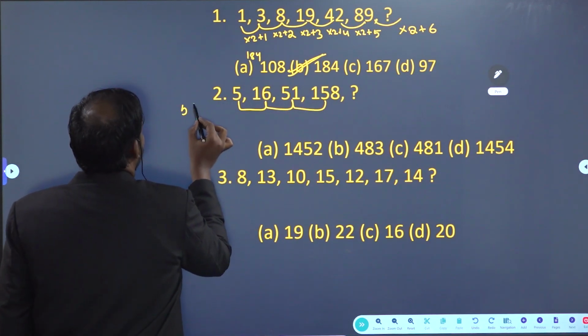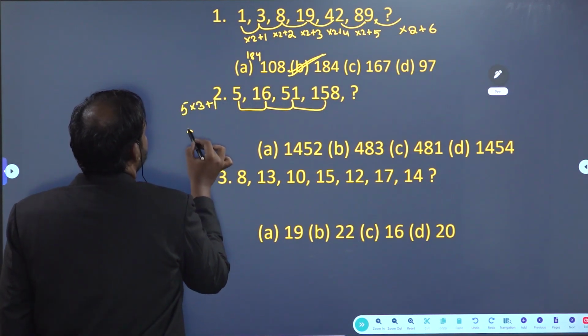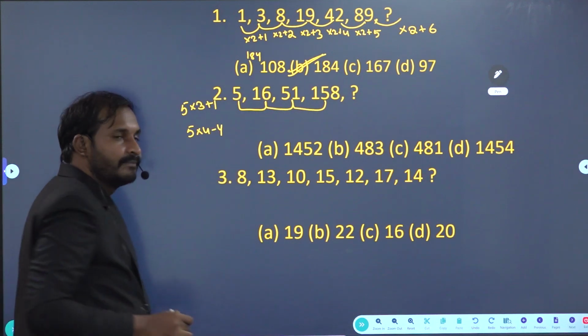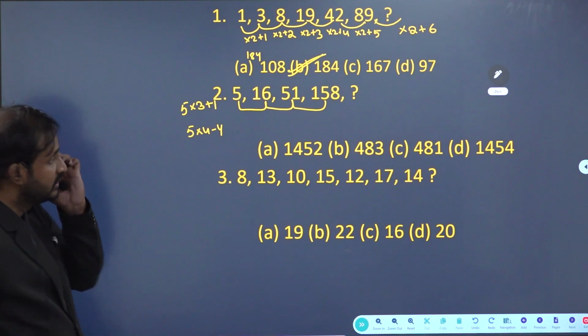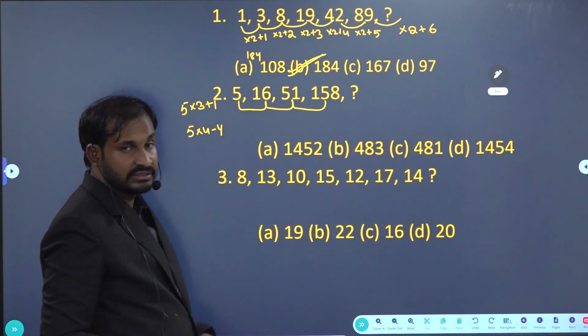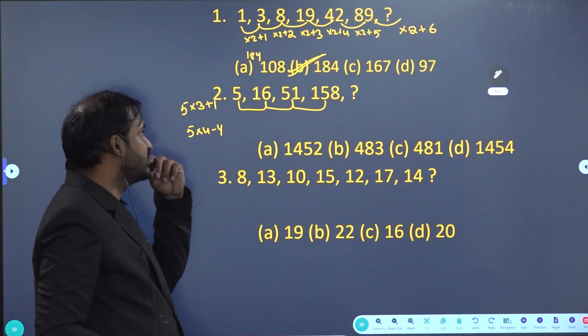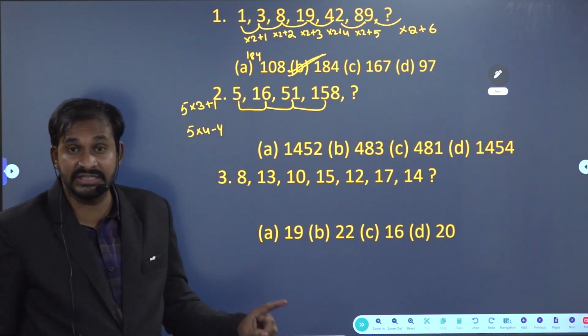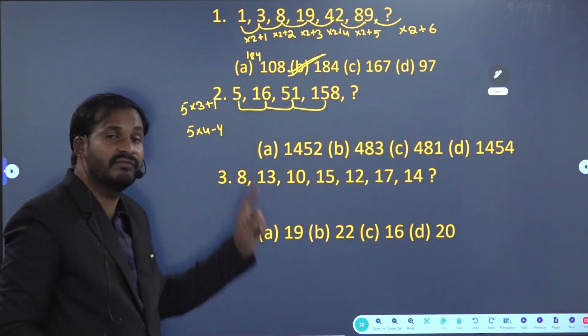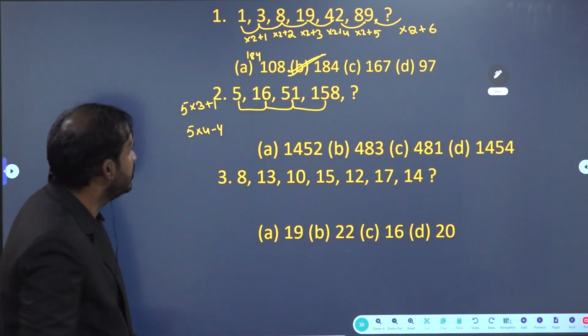One is 5 into 3 plus 1 and the other is 5 into 4 minus 4. So first, 5 into 3 plus 1 is 16. Let me check the same logic. 16 into 3 is 48. 48 plus 1 should become 49. But what I have here is 51. That means what am I doing here?